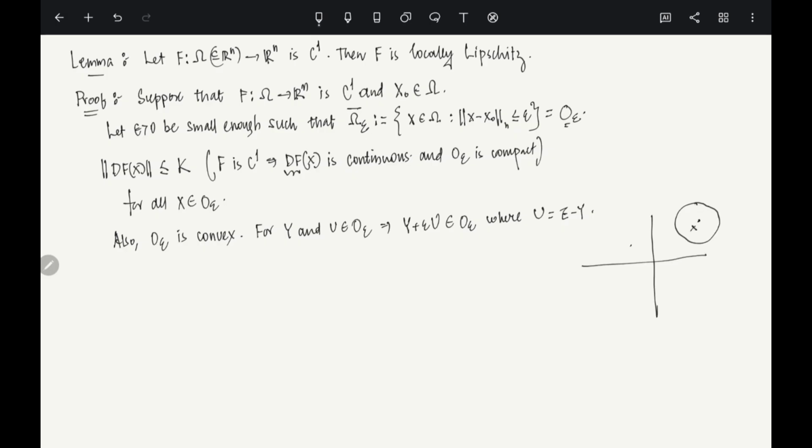This is x naught, the ball is centered at x naught, this is O epsilon. Now you see, this is compact, so you start with any two points y and z.